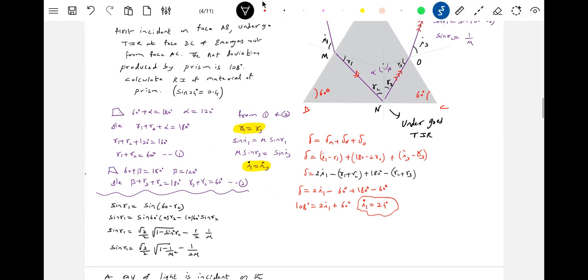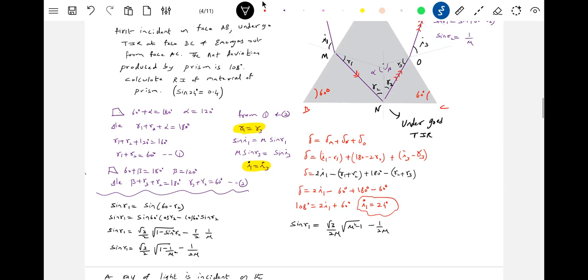I'll come back to this equation. So this will be sine R1 equal to root 3 by 2 times root of mu square minus 1, minus 1 by 2 mu.